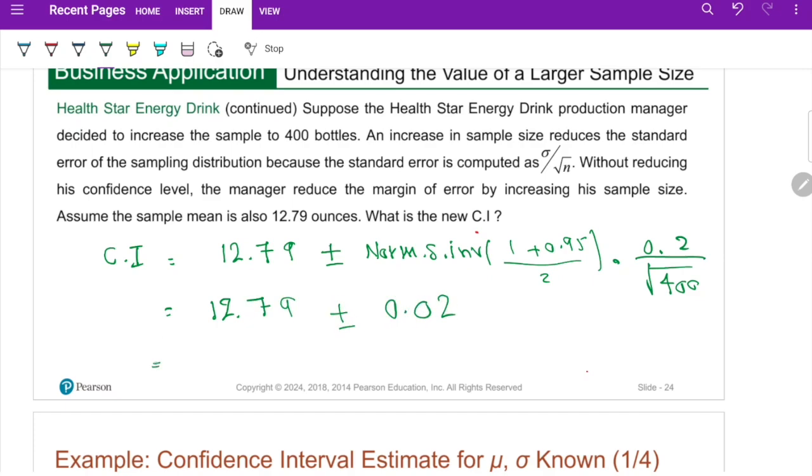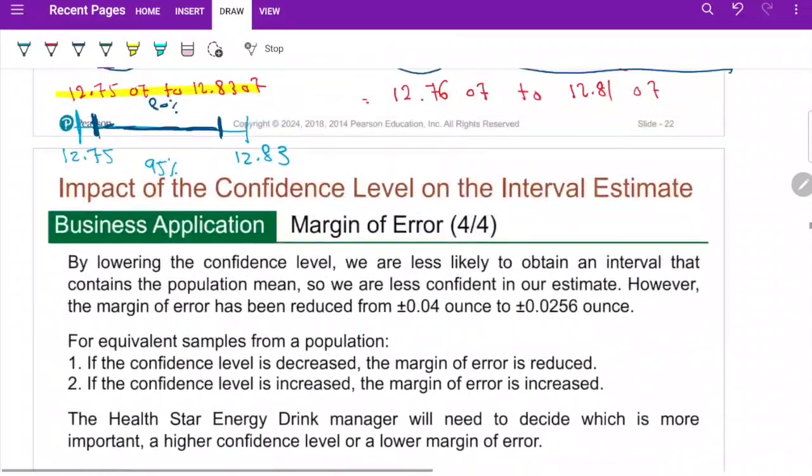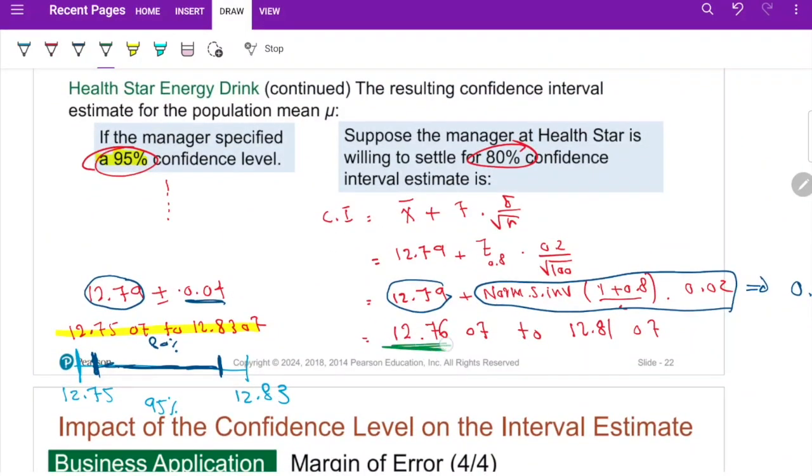Super nice. So the 95% confidence interval is 12.77 ounces to 12.81 ounces. If you go back, we had 12.76, 12.81.